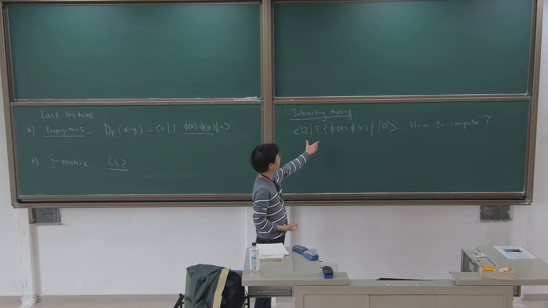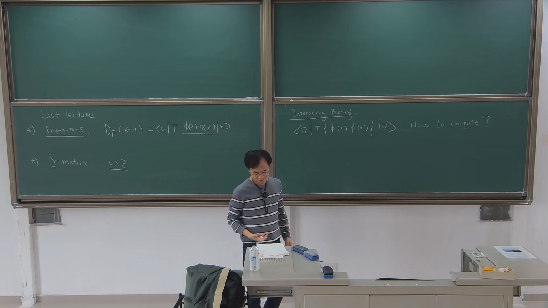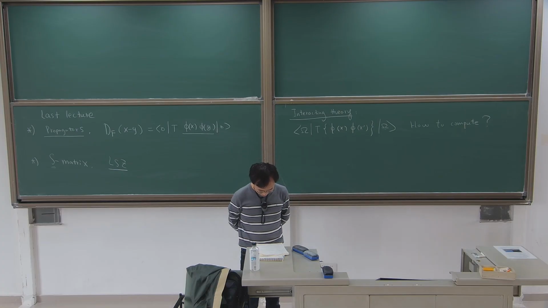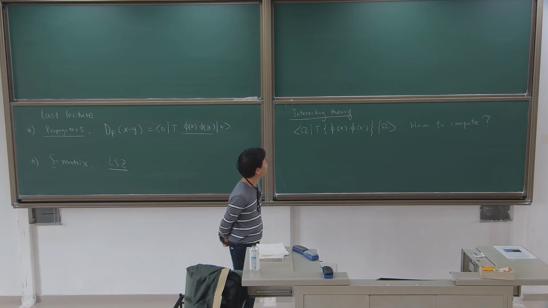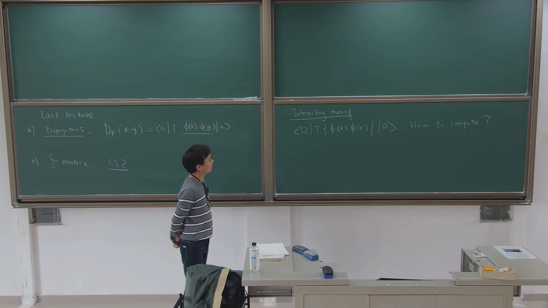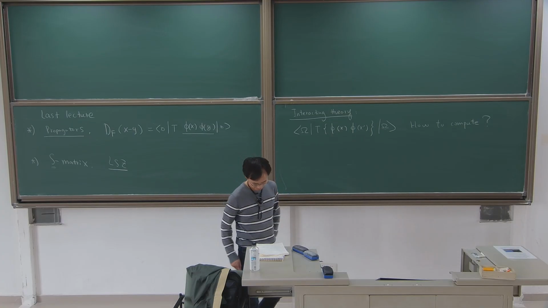So if you want to compute this one, it's not an easy job. So we decompose this into some small steps, and then try to finally solve this problem, at least to some extent.